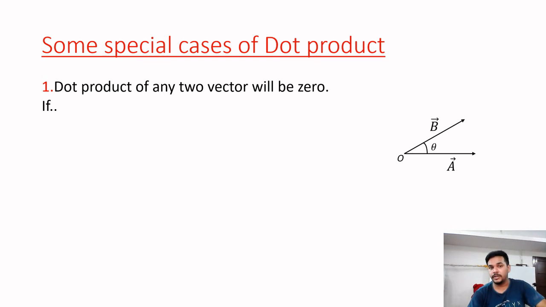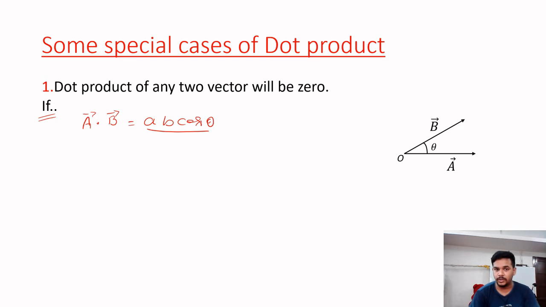In general, the dot product of two vectors A dot B is defined as the magnitude of A, the magnitude of B, and cos theta.